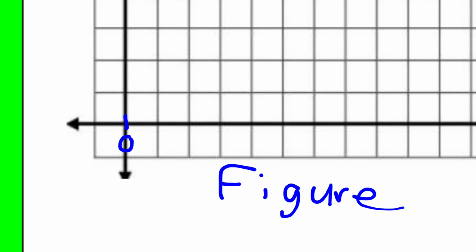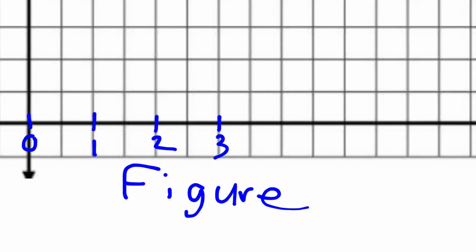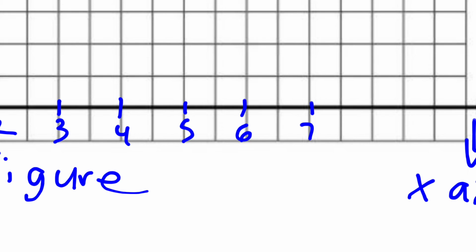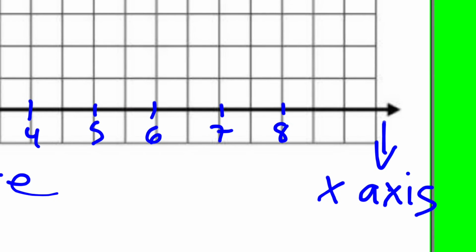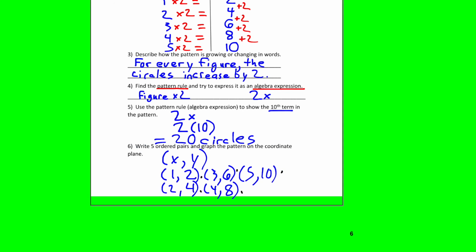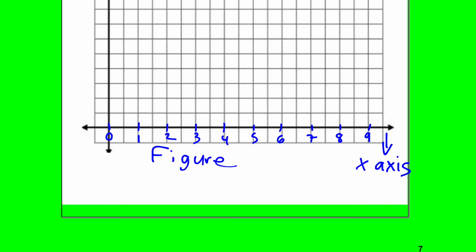Now I want to make a nice big graph, so I'm going to skip a line and start right here. And where they cross, I'm going to say that's 1, 2, 3, 4, 5, 6, 7, 8, and 9 right there. That's going to create a nice large graph for us. Now I'm going to check my y values, which are my circles, which reminds me, I forgot to label that on my y-axis.